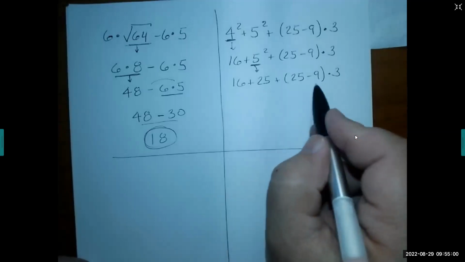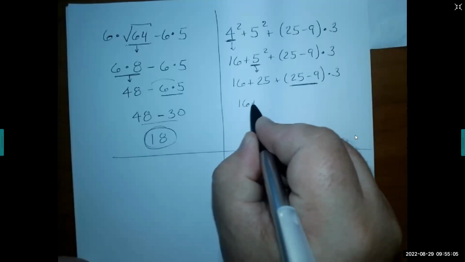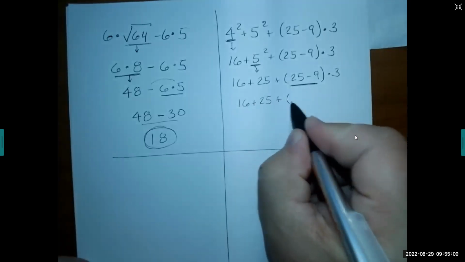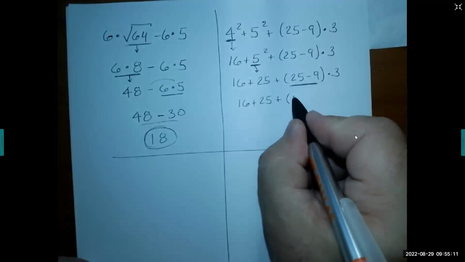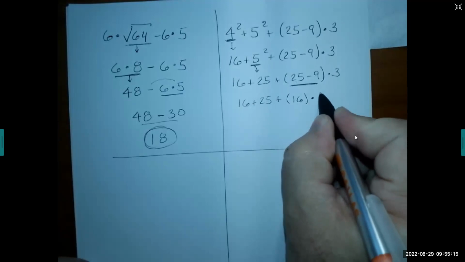Reading left to right, you've got a parenthesis. We've got to do that next. 25 minus 9 is 16.